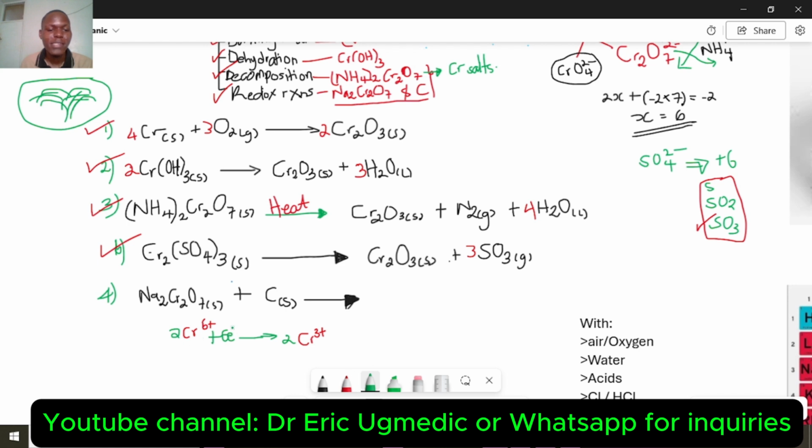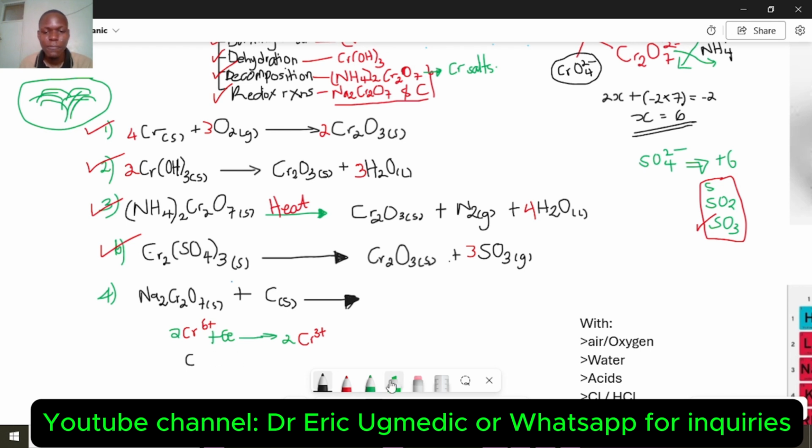Then where are these 6 electrons going to come from? These 6 electrons will actually come from carbon. So if I have carbon, I know that each carbon, of course, if they are needing 6, it means that at least I'll get 3 electrons from each carbon, so that I have a total of 6. You get?